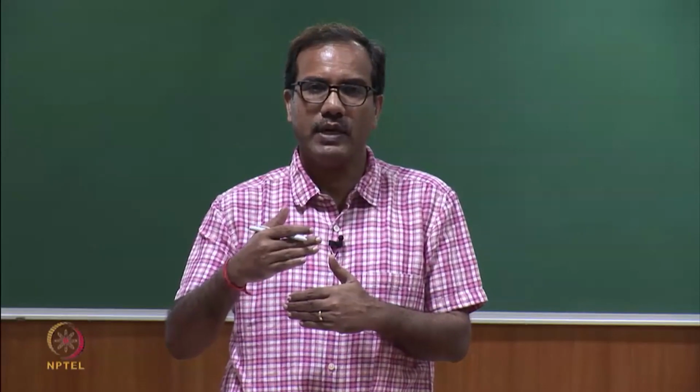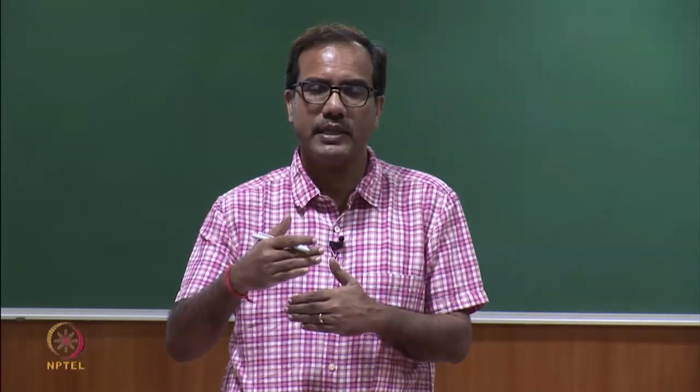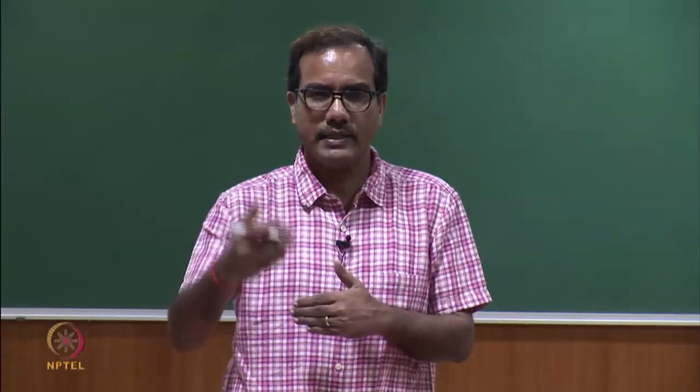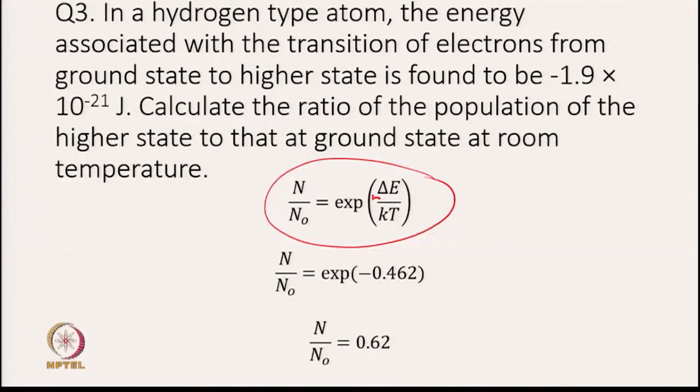So, basically you are looking at the difference between the ground energy state and the higher excited state. T is temperature, which in this case is room temperature. So, let us take 298 K, k is the Boltzmann constant here, then what you are going to get is exponential minus 0.462. So, you can calculate n by n naught, which comes out to be 0.62.